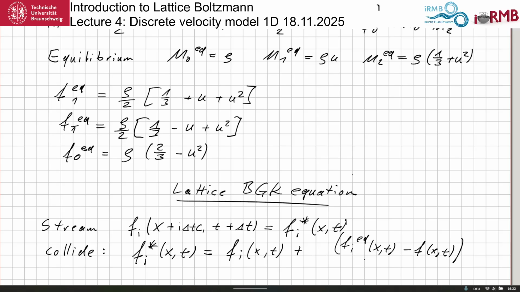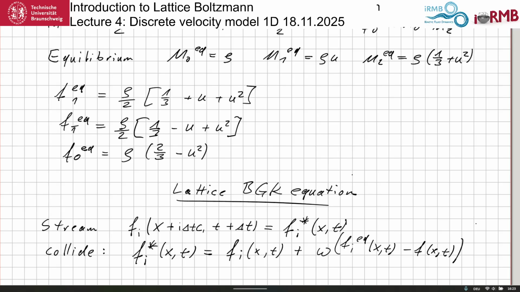Now you remember we divided this by tau. Now I will do something different and write here an omega, which you could think of for the time being as the inverse of tau. And one of the reasons, but not the main reason, is that in numerical methods we try to avoid dividing by things. So if you have to divide by a constant, you should always take the inverse and multiply. That's much simpler.